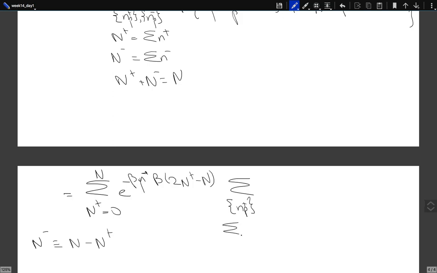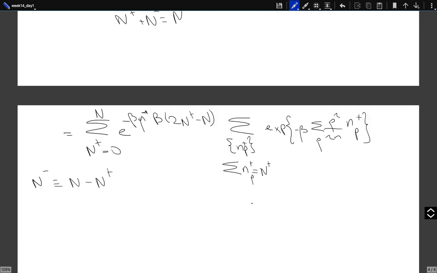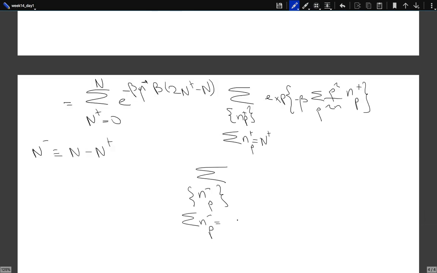I have a constraint in this sum: the sum over n_p plus should be equal to N plus. And I am summing over the exponential of minus beta sum over p of p squared over 2m n_p plus. And then I have times, I need to sum over n_p minus with the constraint that the sum of n_p minus should be equal to N minus, which is N minus N plus, of the exponential of minus beta sum over p of p squared over 2m n_p minus.